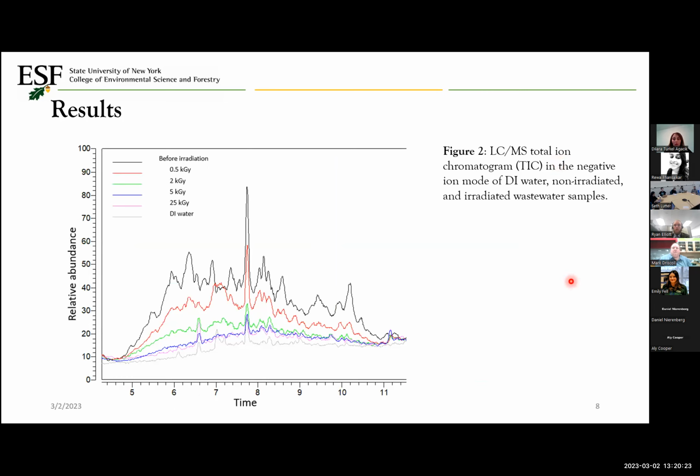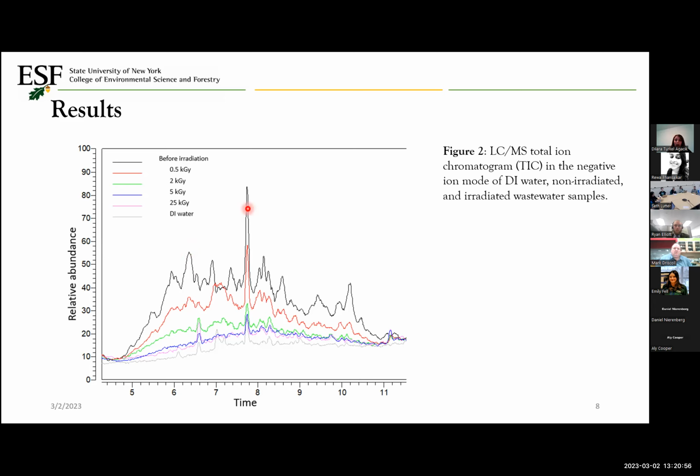All right, so this is a TIC chromatogram, which shows the total ion in the sample. This chromatogram is created by summing up intensities of all mass spectral mass peaks belonging to the same scan, and the black peak stands for the non-irradiated sample.